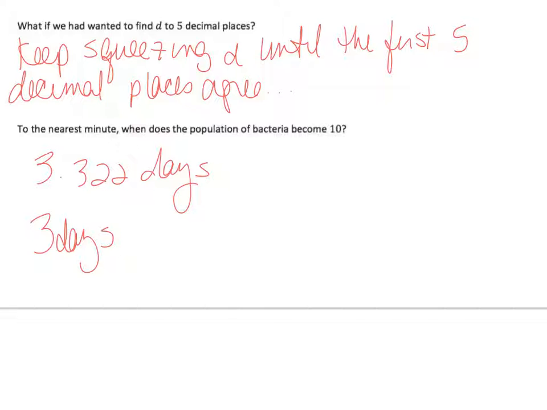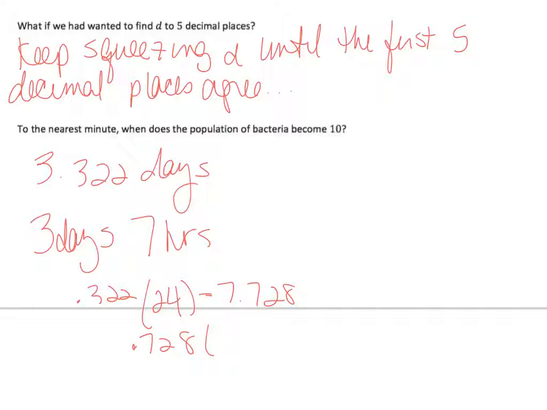I have 0.322 times 24 hours. So I did 0.322 times 24, and I got 7.728. So now I'm going to do 0.728 times 60.